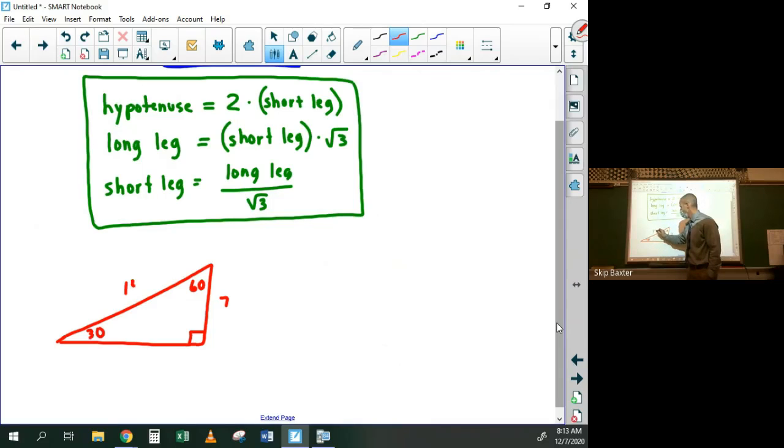This has to be 14. According to the second rule, the long leg is the short leg times radical 3. This is just going to be 7 radical 3. That's it. So this was the case where we were given the 7.